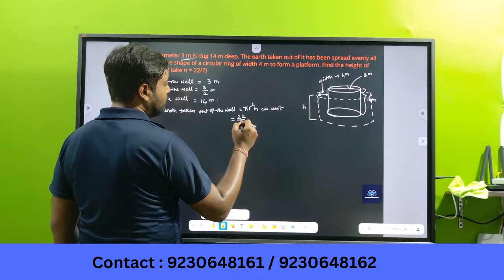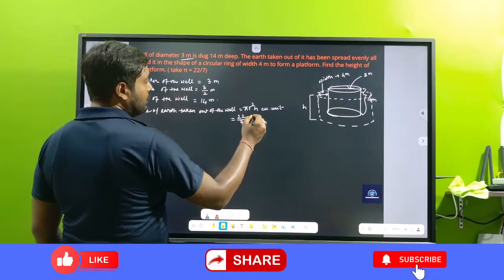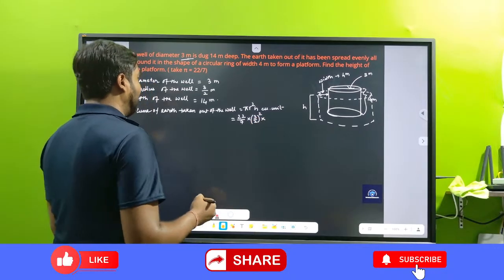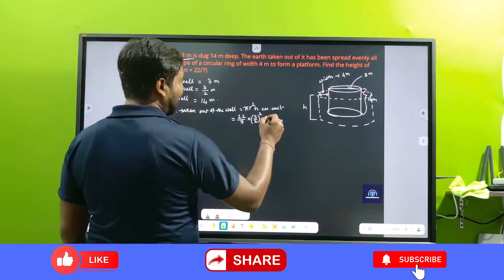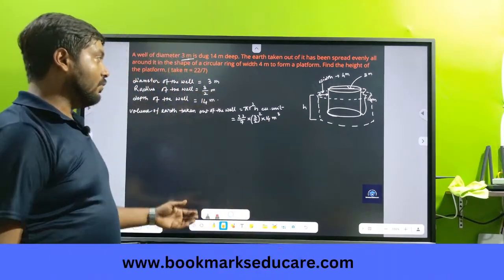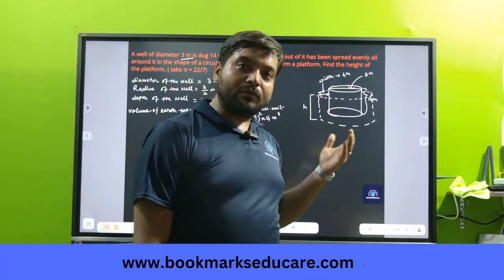Pi is 22/7, r is 3/2, height h is 14. So this is the volume of earth that is taken out of the well.